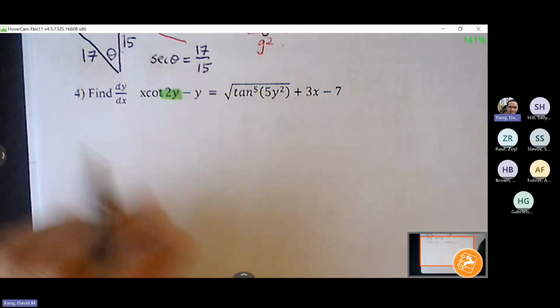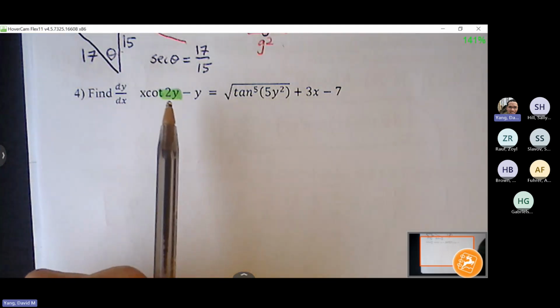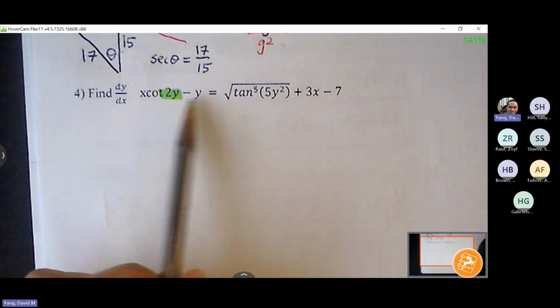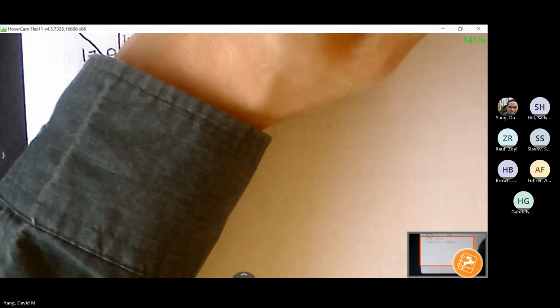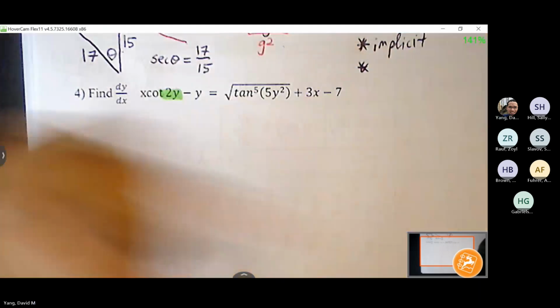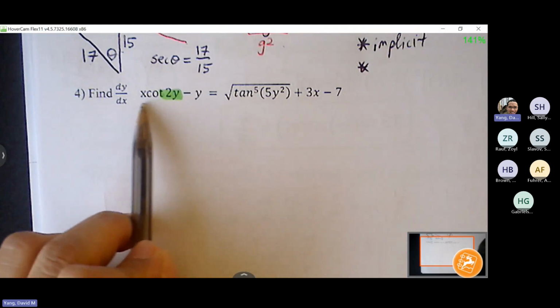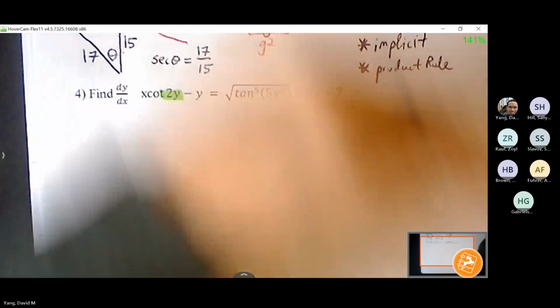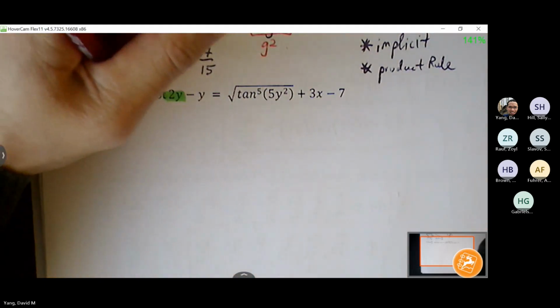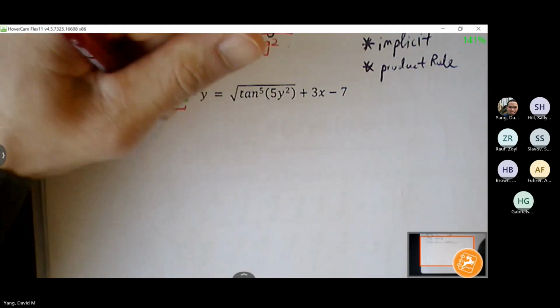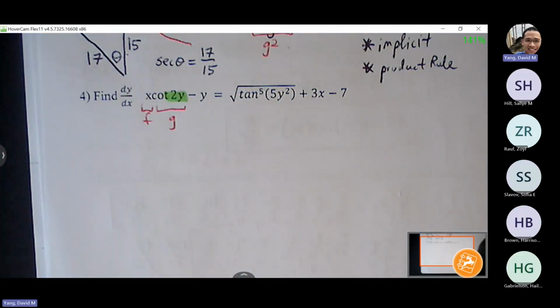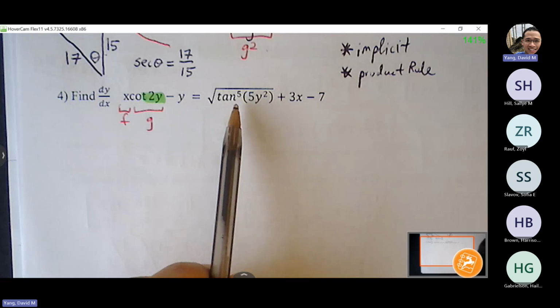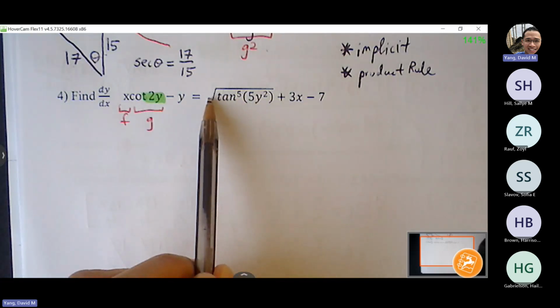Right, so there are 3 things here that we want to make sure we include in our process. First, we'll see a bunch of y's here, so you know there's implicit differentiation going on. Next up, we see x times cotangent of 2y. This needs product rule. And thirdly, there's that messy tangent raised to the 5th power with a square root over it.